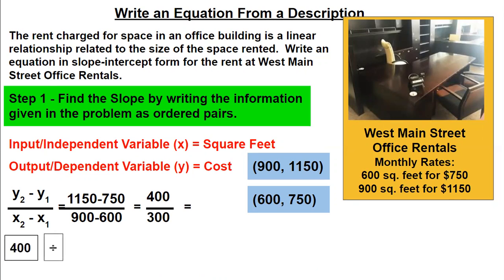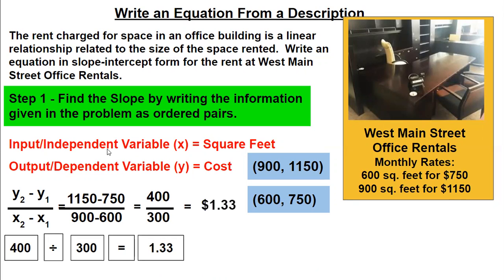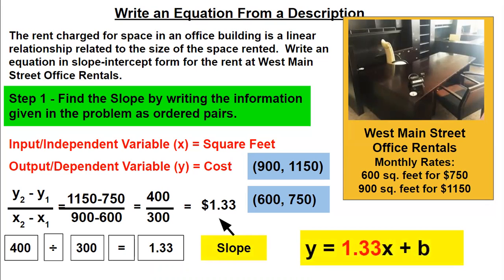So 400 divided by 300, or you could do 4 divided by 3 because you can cross off the zeros, is equal to 1.33. That's $1.33. So that is the cost for renting 1 square foot of office space. That's your slope.